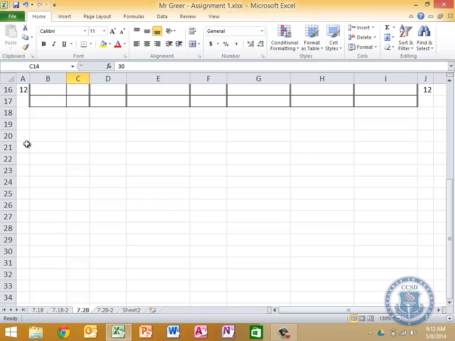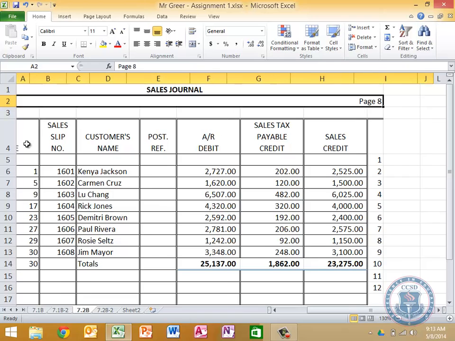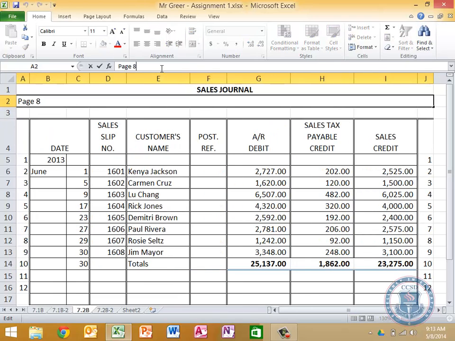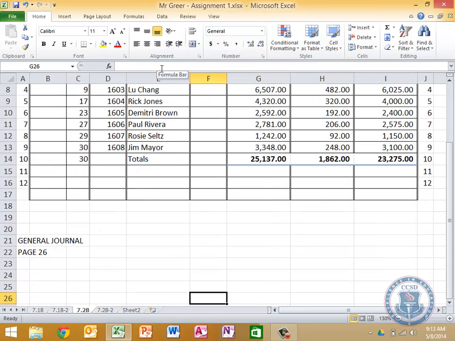We're going to come up here, and we're going to put general journal. And this is going to be on page 26. Oh, and this last one, we're supposed to be on page 9. I think I left page 8. Yeah, this is supposed to be page 9. Fix that. Okay.